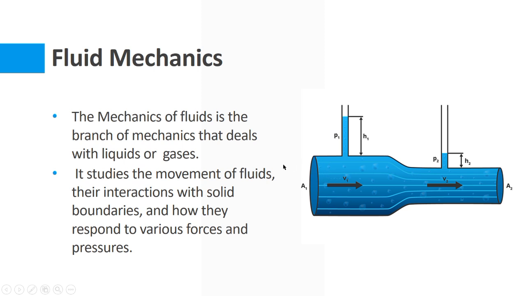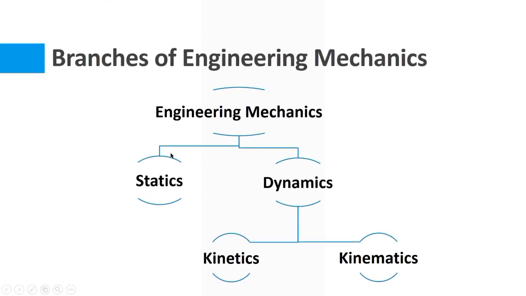The fluid contained inside a boundary or system exerts some forces on the boundaries. So in fluid mechanics, we examine the different kinds of forces that the fluid exerts on the boundaries, and what stresses are produced because of the fluids. We discuss all these stresses and forces inside fluid mechanics.